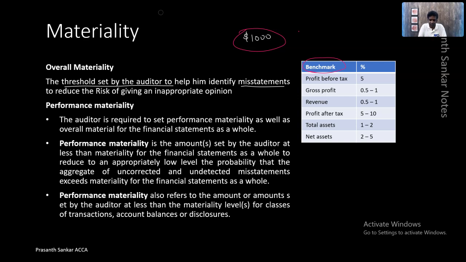So let's say, for example, we established a materiality of $1,000 and we say this is the way we identified the materiality. We came up with a benchmark. If there is an investor who is earning only $10,000, a $1,000 materiality seems very high for him. He'll say, no, you should not investigate only transactions above $1,000.